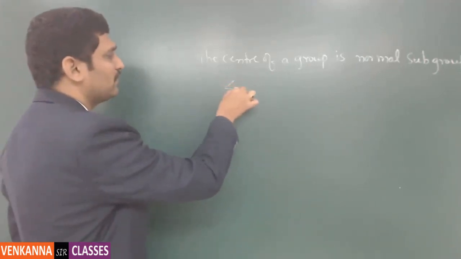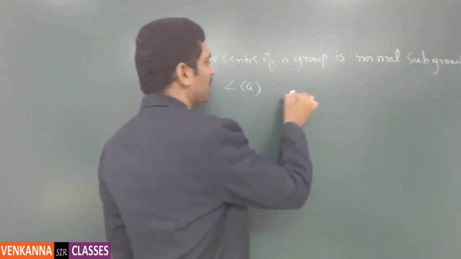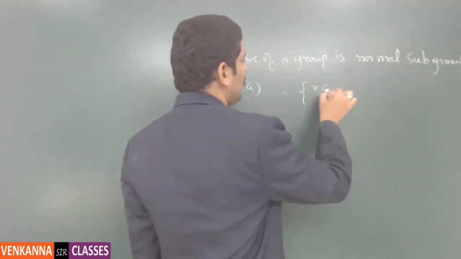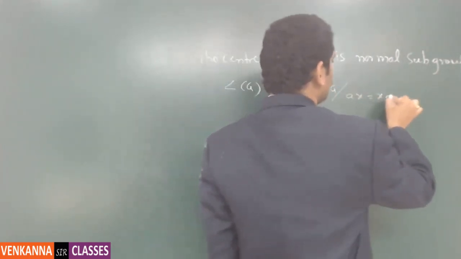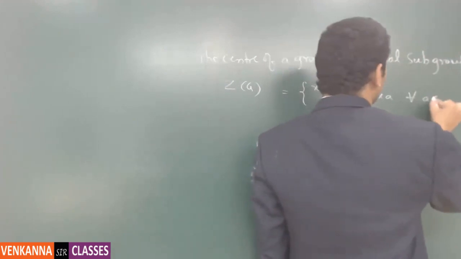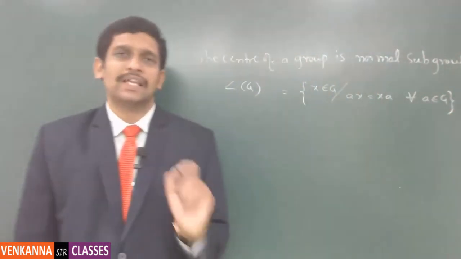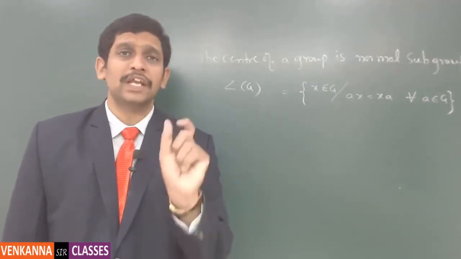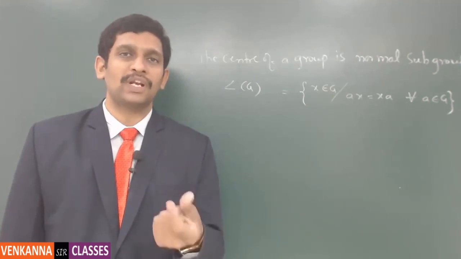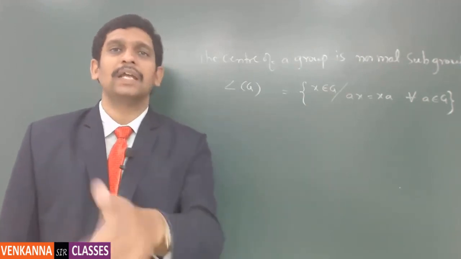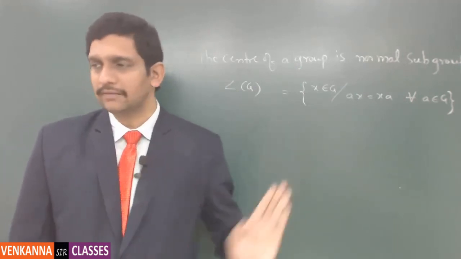The formal definition of a center is Z of G, defined as the set of all x belongs to G such that ax equal to xa for all a belongs to G. That means you are selecting the elements in a group which satisfy the commutative property with every element in that group. That is the concept of center. Is that okay?